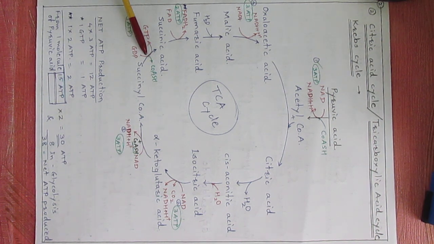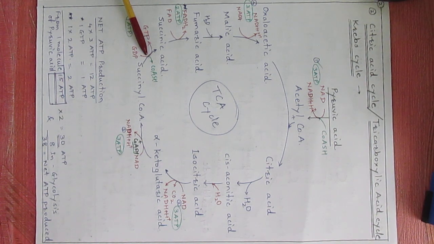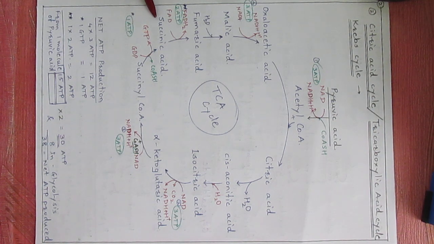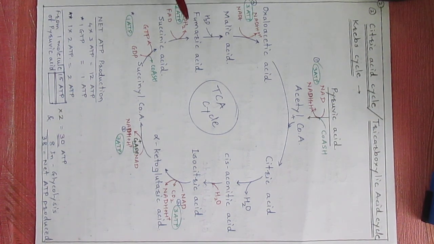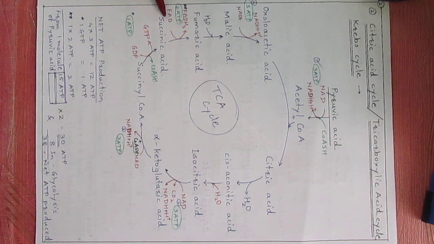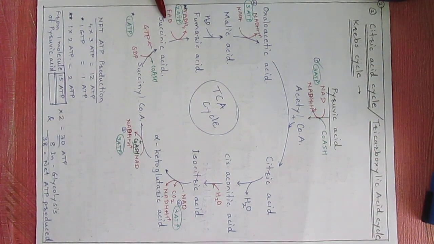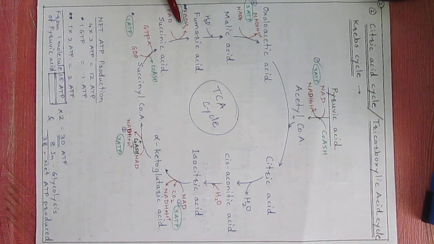In this process, the coenzyme A group is removed from this compound, and therefore there is formation of succinic acid. From this succinic acid, fumaric acid is formed. Here, reduction of flavin adenine dinucleotide takes place. Therefore, there is formation of FAD to FADH2.